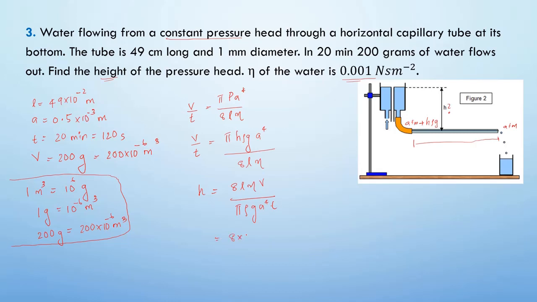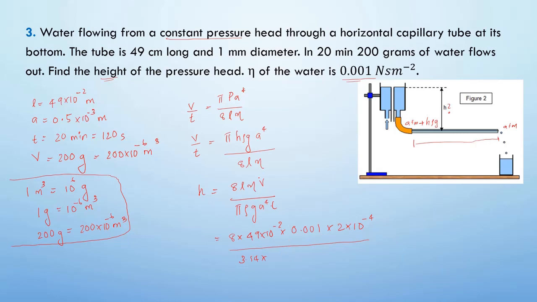We can substitute for that. 8 into length, which is 49 into 10 to the power negative 2, into eta, 0.001, into V, volume, which is 200 into 10 to the power negative 6, written as 2 into 10 to the power negative 4, divided by pi, 3.14, into rho.